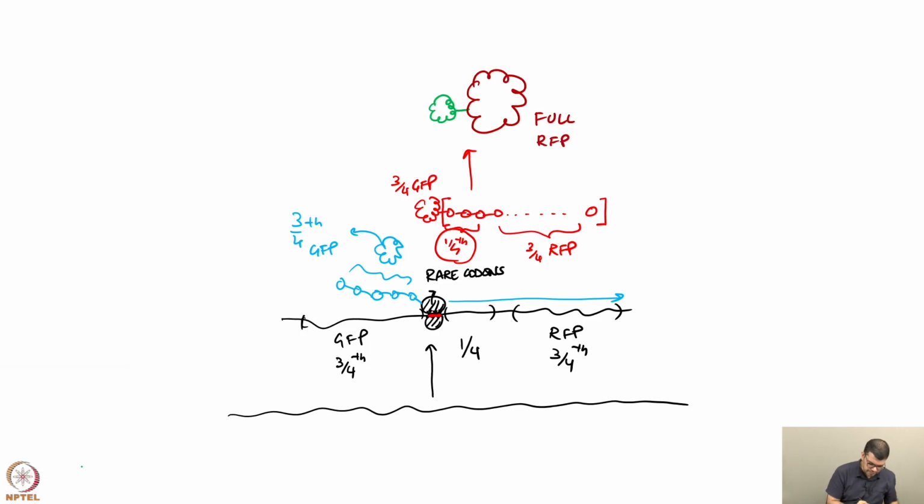Because the 3/4 GFP cannot fluoresce, when I look at the cells, the cells are fluorescing red. So, when I look at these populations under a microscope, the cells will appear as if they have red fluorescent protein, which is being made because of these reasons.